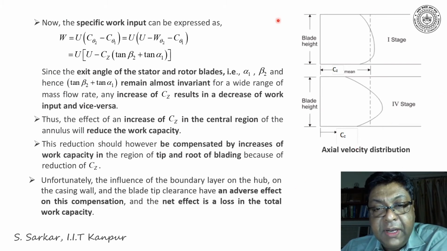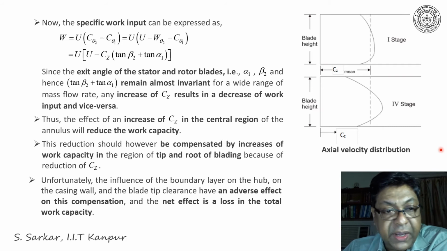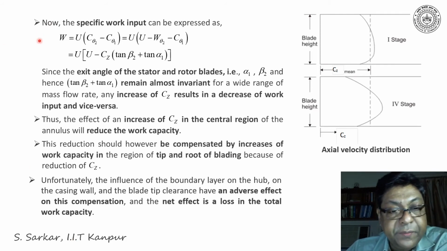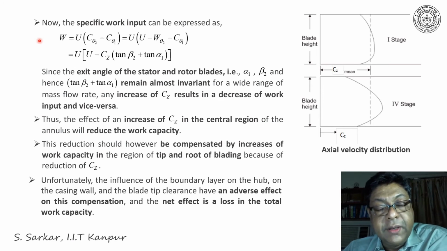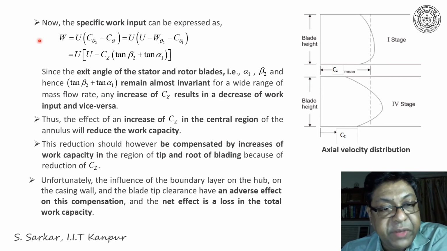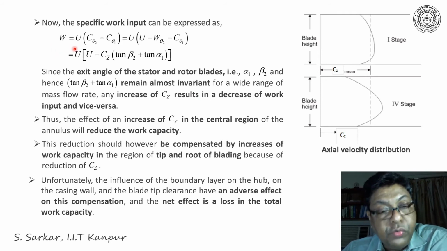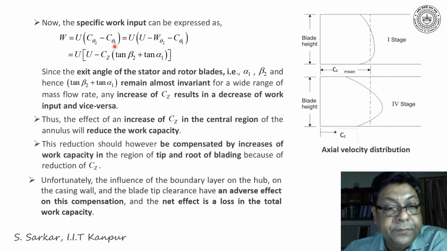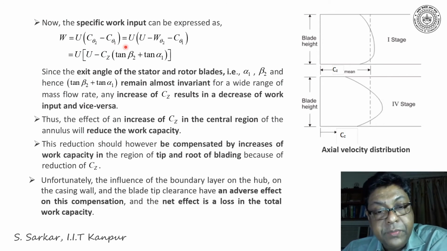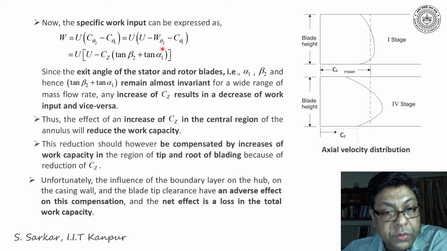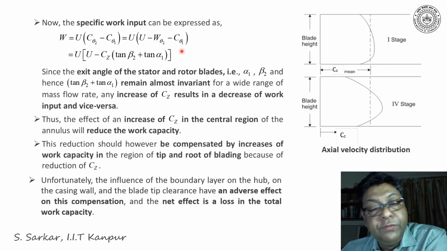This I have illustrated in the earlier slide. Now the work capacity, or the specific work input, can be expressed as W is equal to U into (Cθ2 minus Cθ1), which can be written as U into (U minus Cz (tan β2 plus tan α1)) following the velocity triangle.